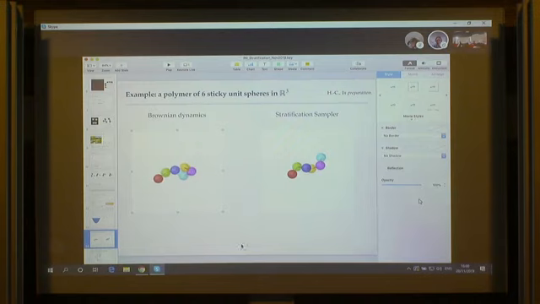And if 2 other spheres come into contact, there's a very short range potential that will bind them together. So you see a bond has formed here. If I run the movie for longer, you see bonds will form, bonds will break, and so on. Okay, so this is Brownian dynamics, just simulating the overdamped Langevin equation directly using Euler-Maruyama.